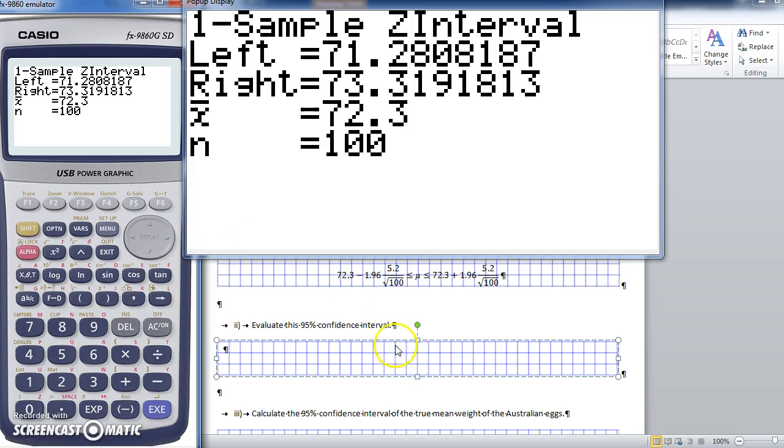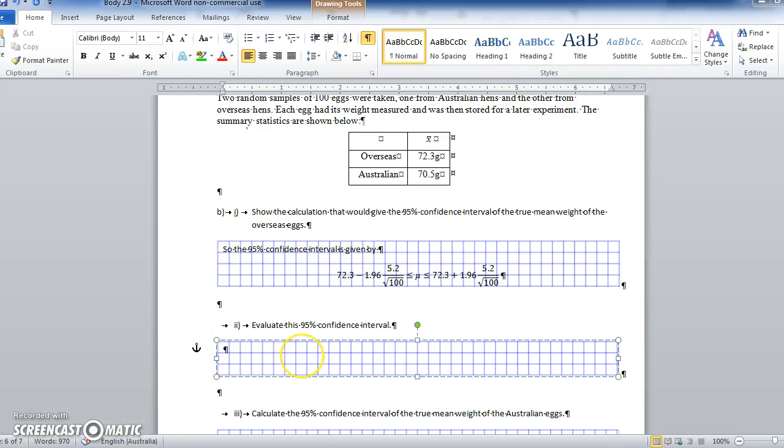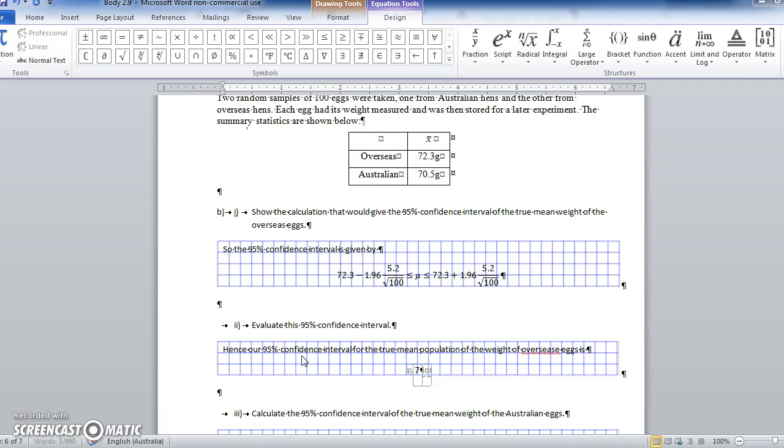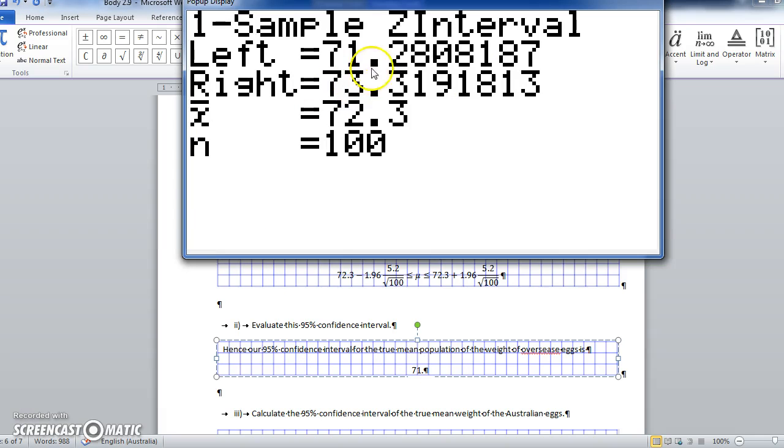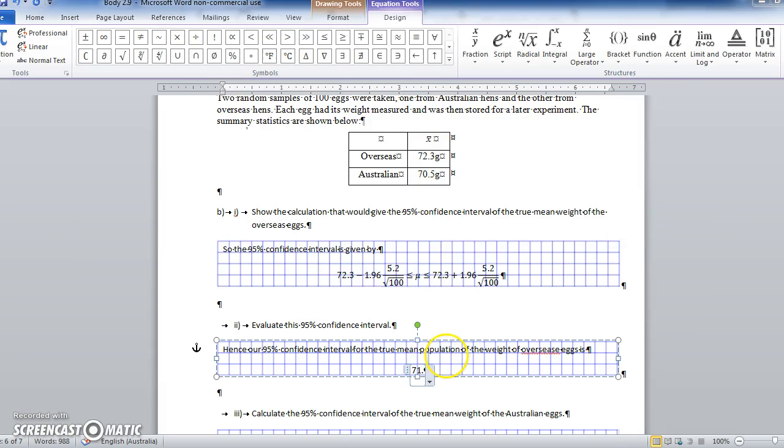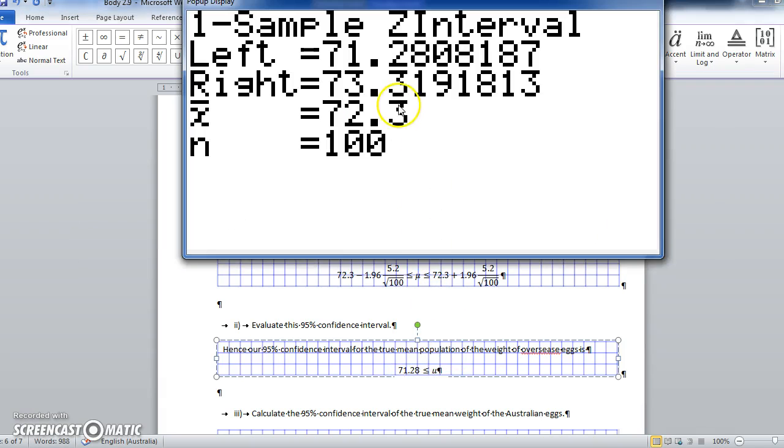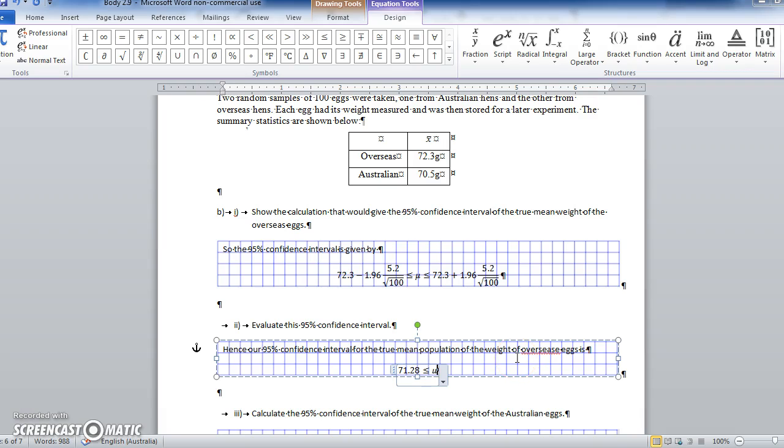Okay, and we find that our 95% confidence interval for the true mean population of the weight of overseas eggs is 71.28 to 73.31.